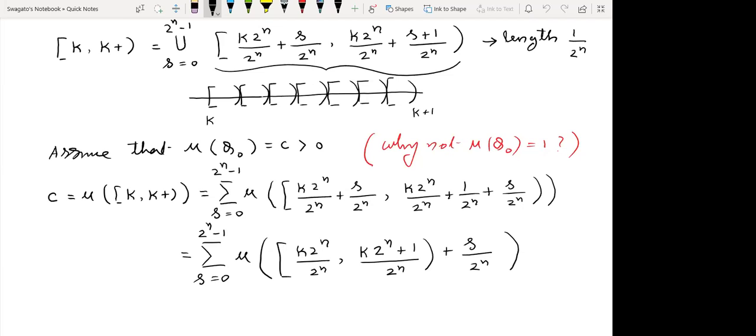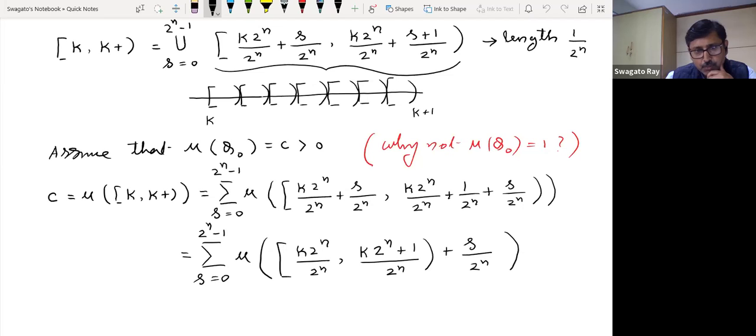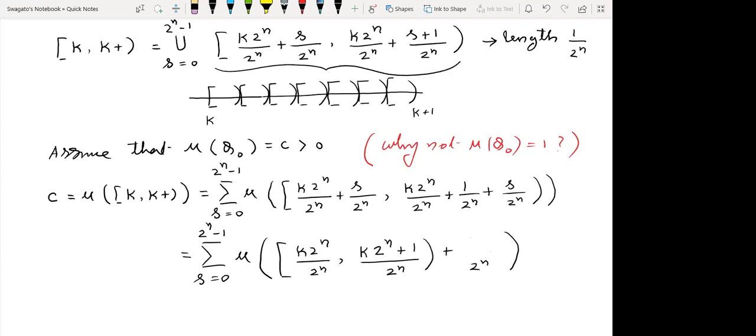Yes, sir. But the measure mu is assumed to be translation invariant. If you translate, the measure doesn't change. That means this S by 2 to the power n term, I can forget. I'm still inside the sum. So I'm going to delete this term because it doesn't change the measure, because the measure is assumed to be translation invariant. Agreed? So I can drop this term. Yes, sir. Let's drop it.